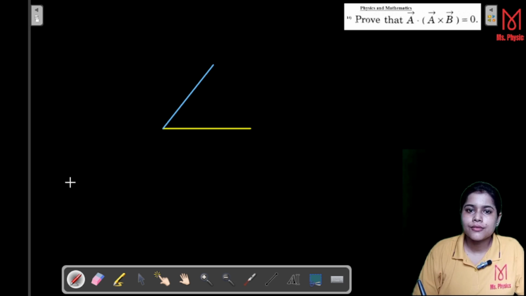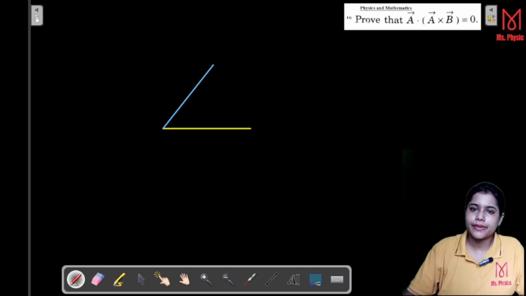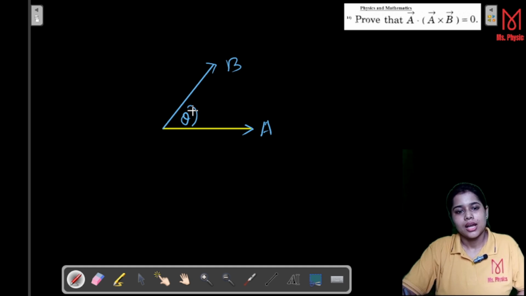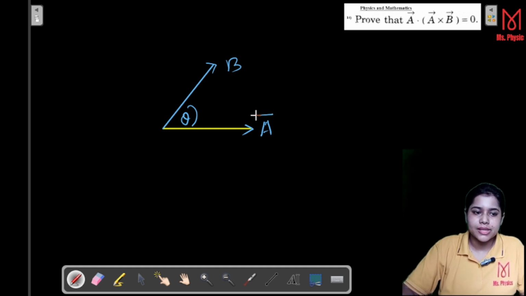Now we have the 14th numerical. Here you see that we have two vectors A and B, and we have to prove that A dot A cross B is equal to 0. We consider two vectors A and B. We don't know the angle between them, so we consider it as theta.